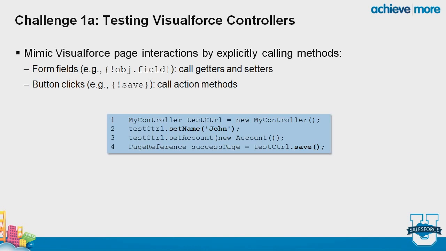Now remember, and we'll see this in a minute, that action methods in the controllers do two things: data and navigation. The navigation is controlled through the return type, which is a page reference. So you can check that page as well.